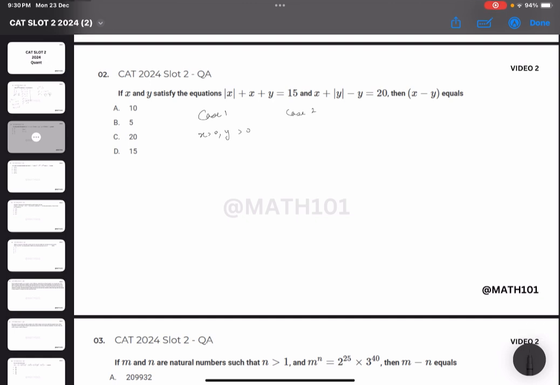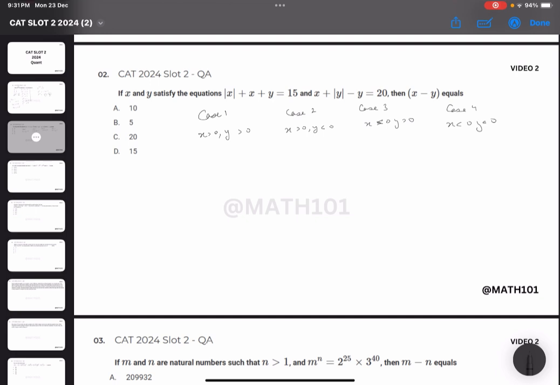Case 2, x greater than 0, y less than 0. Case 3, x less than 0, y greater than 0. Case 4, x less than 0, y less than 0.